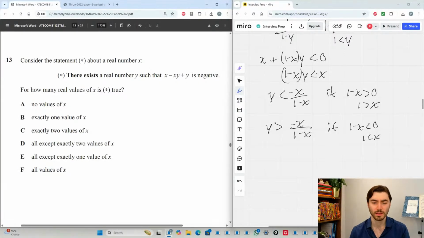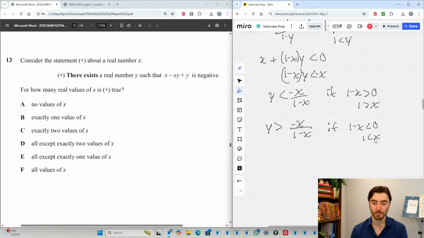Okay, so for numbers x which are bigger than 1, then there exists a number y where I just plug that in. When x is less than 1, for all numbers x less than 1, I can calculate this quantity, pick a real number y less than that, and the equation will work.